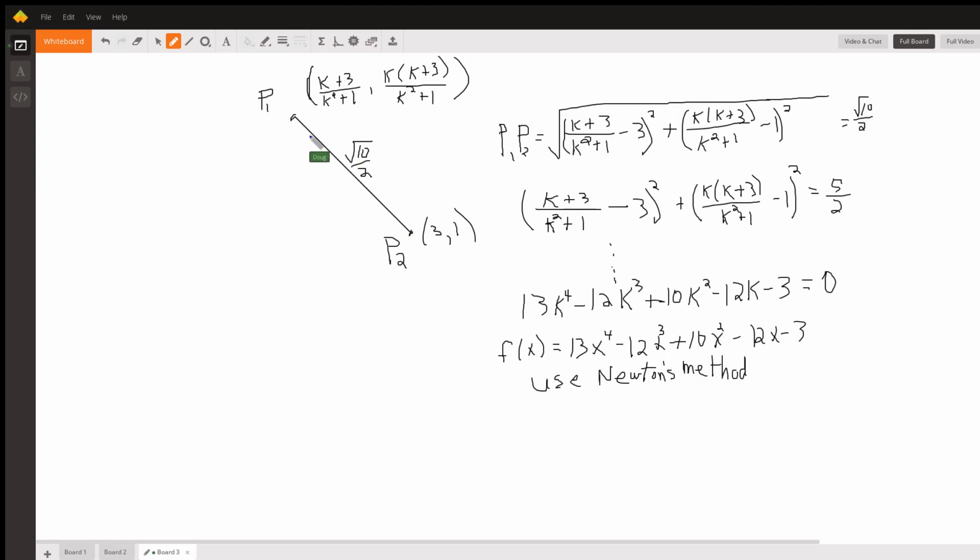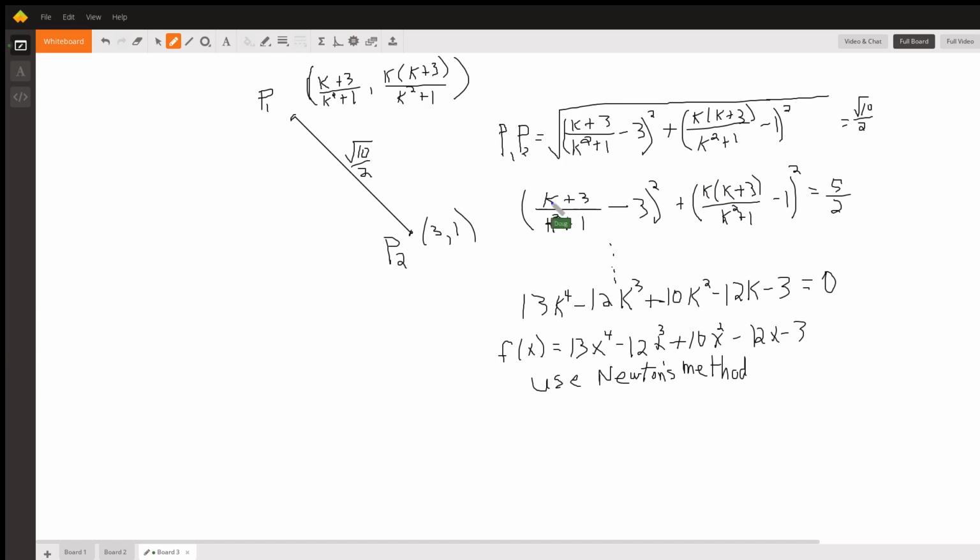Kind of just cut out the pieces that we need here. Here's point 1, those coordinates in terms of k. Here's point 2. The distance between them has to be radical 10 over 2. Using the distance formula, here's an expression for the distance between P1 and P2, the square root of the change in x squared plus the change in y squared.